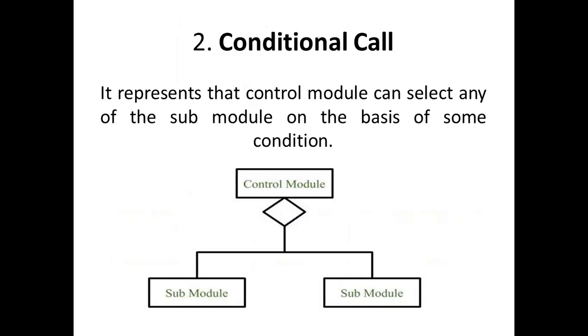Whenever we check, it may be true or false, and accordingly it will choose this module or that module. We may have some modules, and according to the fulfillment of the condition, we can choose among the sub modules here.